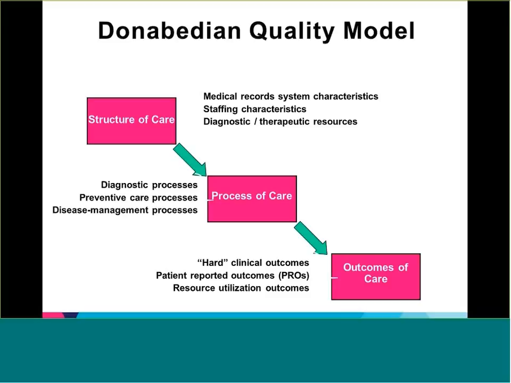And another key element for quality, either as part of its assessment or part of its improvement, are what we would call the processes of care. These are things like diagnostic tests themselves, preventive care processes, disease management processes. These are the things that we do to try and drive our improved outcomes of care. So are we checking certain things?